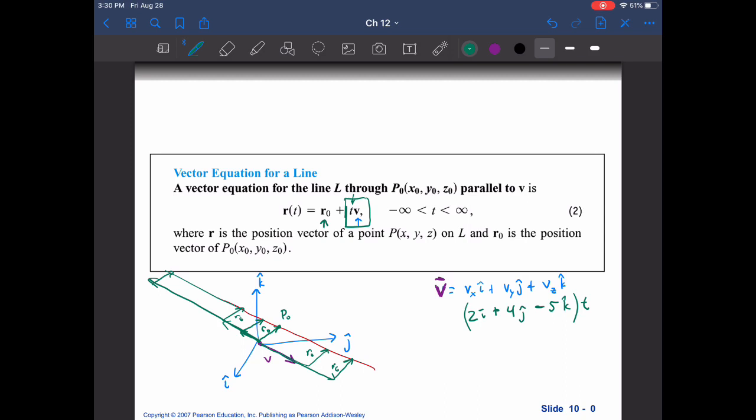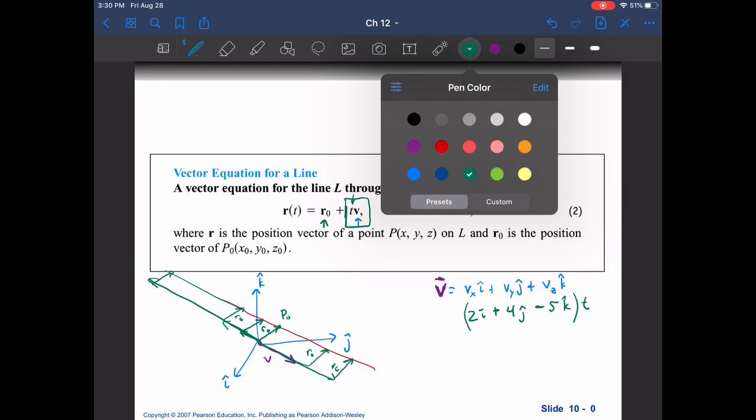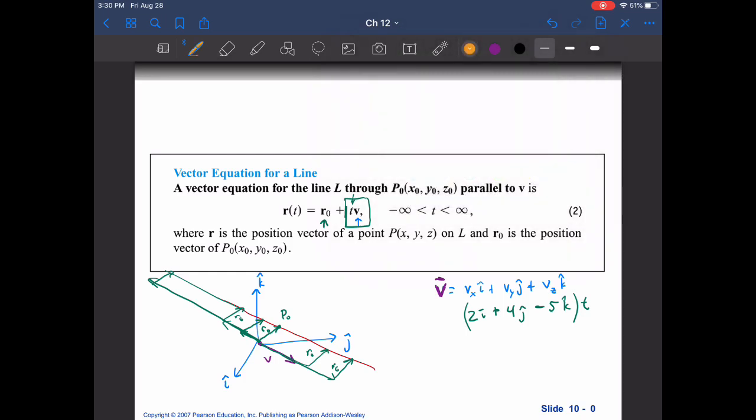We're essentially taking vt, which is a line that goes through the origin, and then shifting it by an amount equal to r0. And this r0 doesn't have to be any vector in particular. We could have a different r0. It just has to point to any point on the line. So I could have an r0, say, that points straight up, say this went through the k-axis like that. I just drew a line.